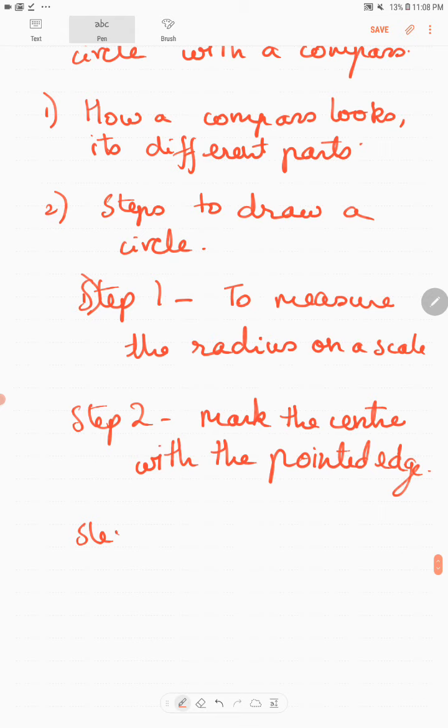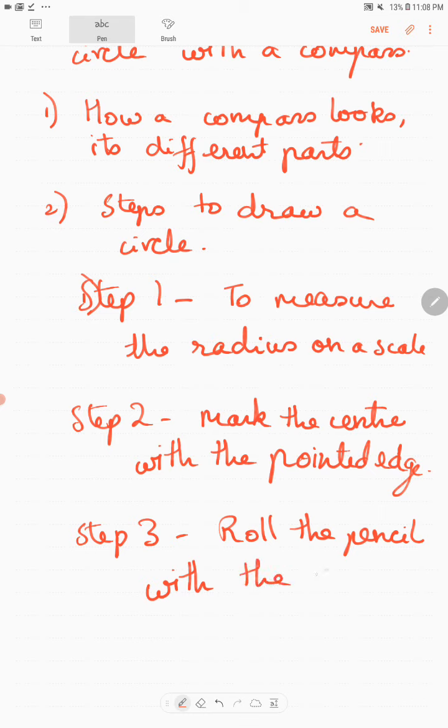And step 3 is roll the pencil with the taken measurement, and you get a circle.